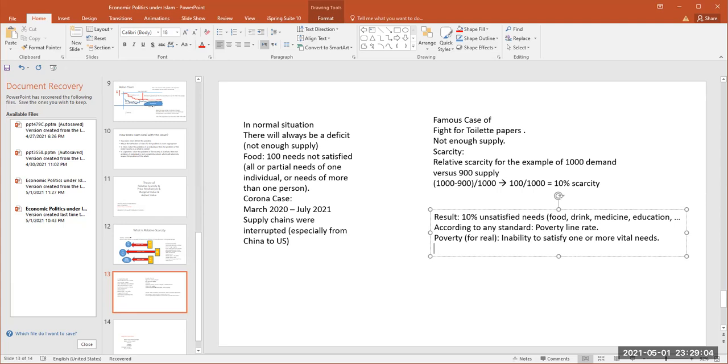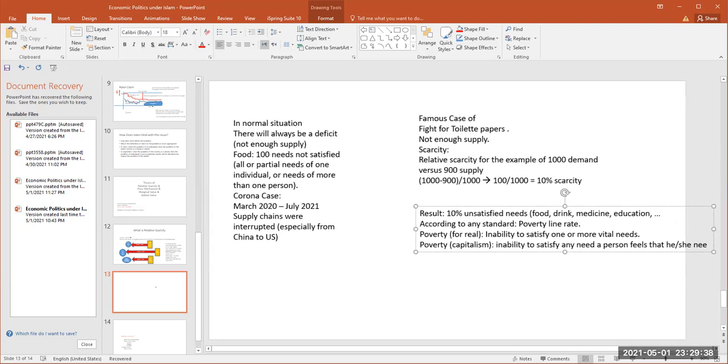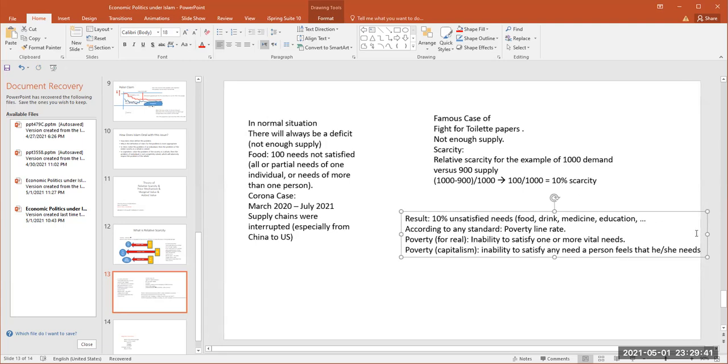In poverty under capitalism, it is the inability to satisfy any need a person, not a human, because they don't care about humanity, any need a person feels that he or she needs. Okay, and that's where the theory comes in, which probably you have seen.